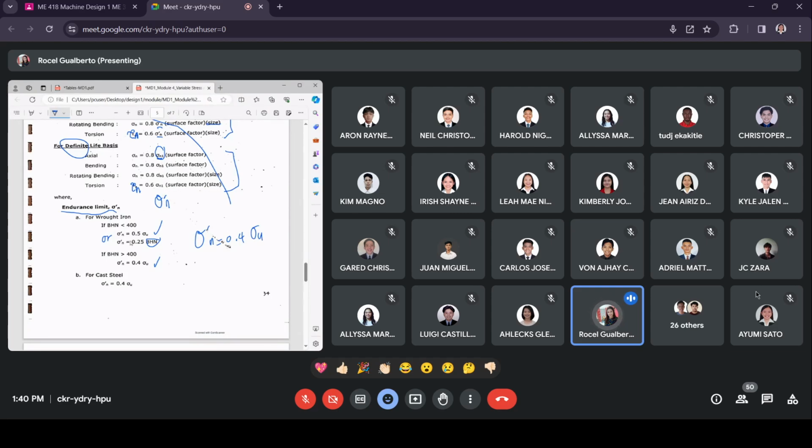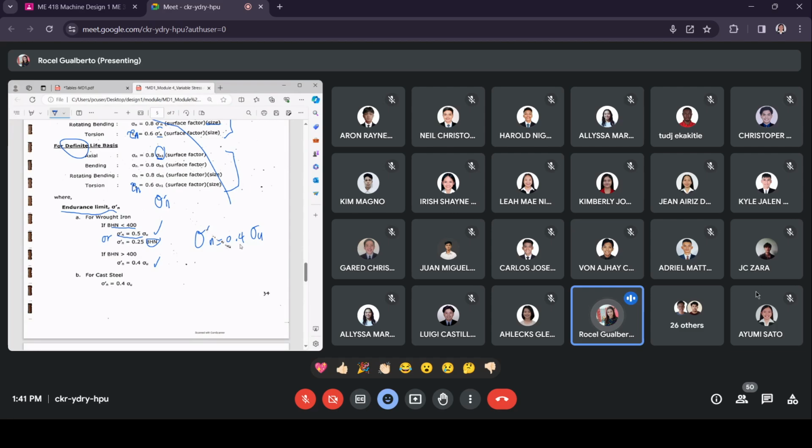If BHN is less than 400, you use sigma prime n equal to 0.5 of sigma u. If it is greater than 400, you use 0.4 of sigma u. The third one is no classification, no BHN value, so you simply assume sigma prime n equal to 0.4 of sigma u.